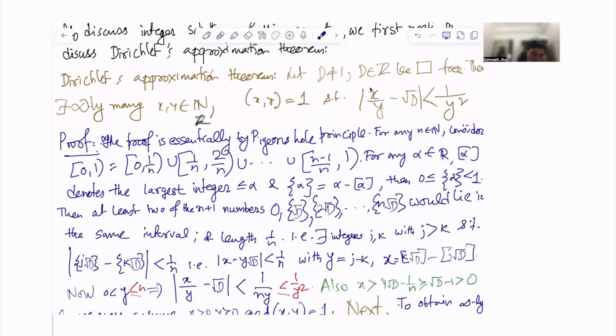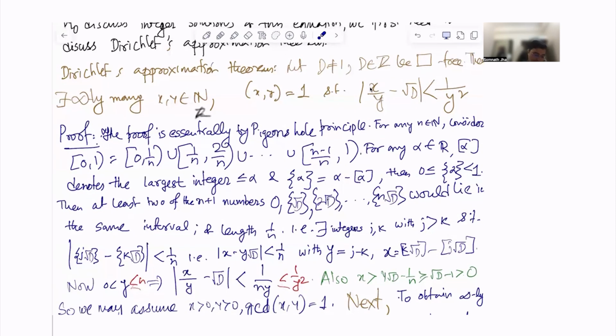So this was less than 1 by n, and dividing by y, this is less than 1 by ny, and since y is at most n, this is less than or equal to 1 by y square, right?